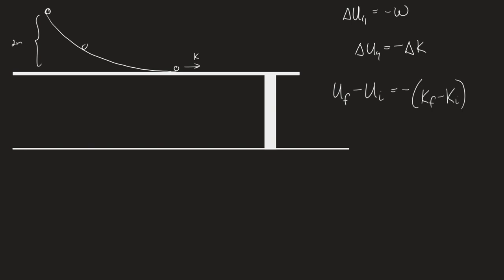I want to put all the initials on one side and all of the finals on another. Everybody understand? So I'm going to distribute that negative sign. I'm going to move this over to that side and this over to that side.